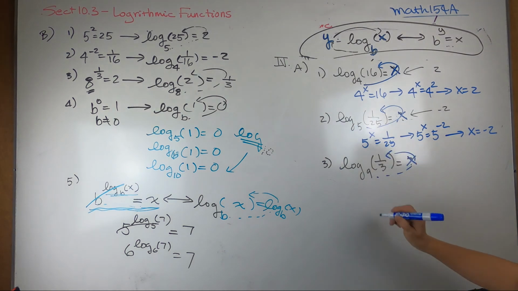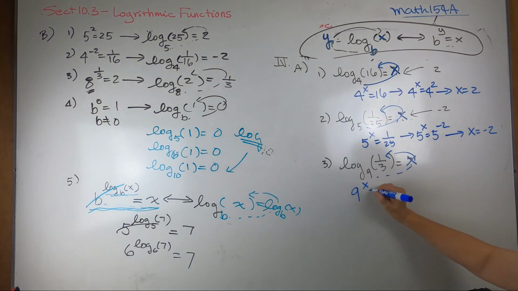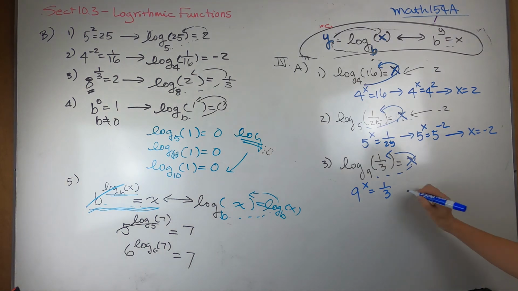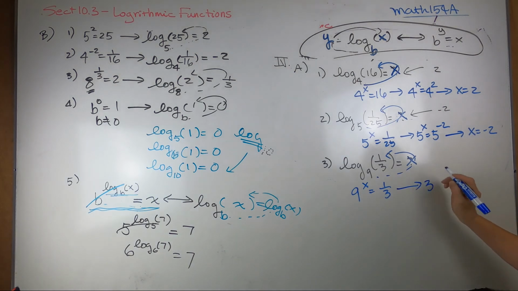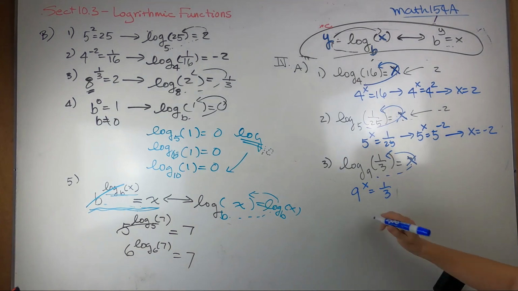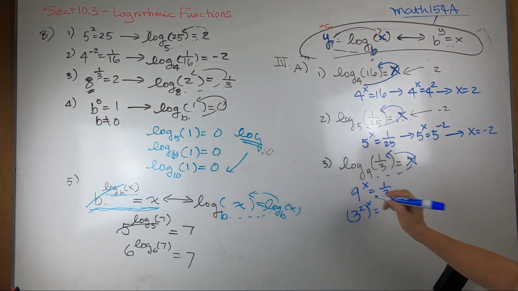So let's do this. 9 to the x power is 1/3. Then how can you make the same base? Right? So you will use 3. Just write it below it so you can see, right? 3 squared is 9.